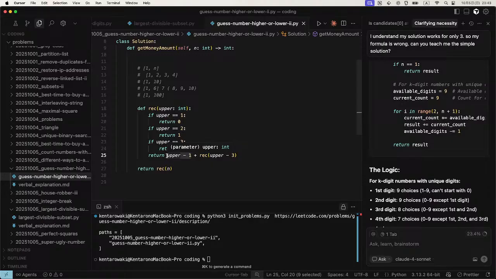We have to think about when we receive higher and lower, and we will choose the larger cost.